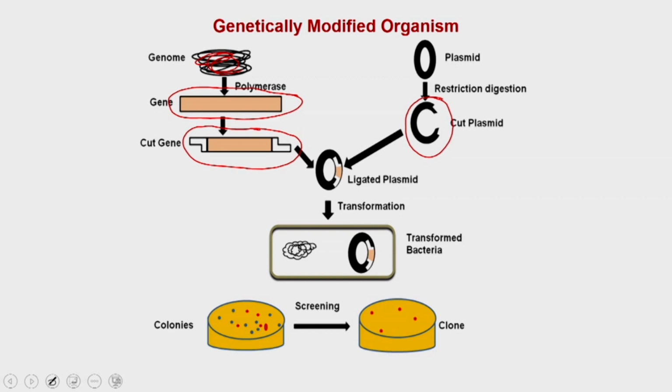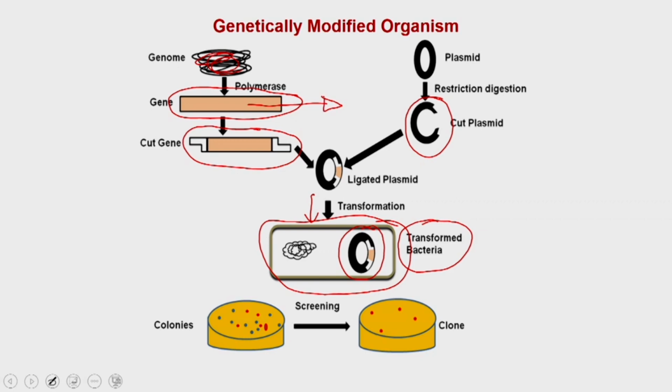Then you put these two components together for a ligation reaction, and ultimately you do a transformation into the host cell which you would like to use for overexpressing this gene, and you get a genetically modified bacteria which expresses this particular gene.